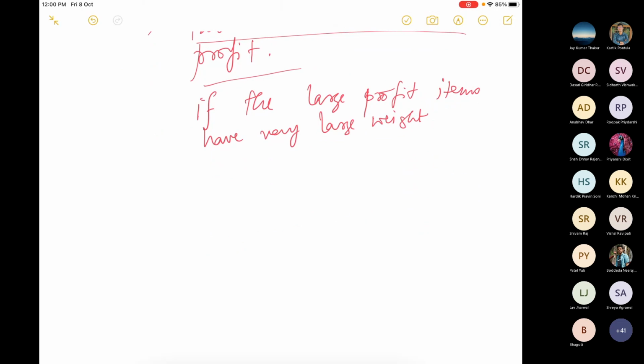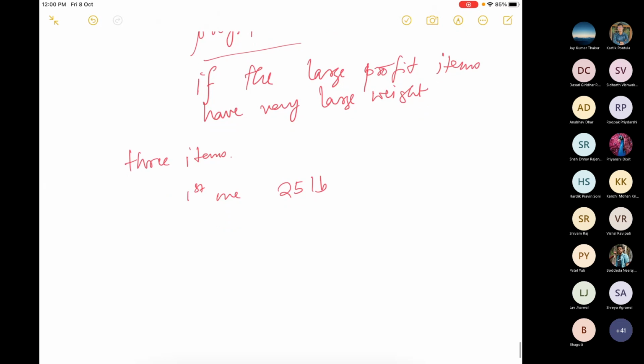Suppose you have 3 items. The first one is 25 pounds, and its profit is $10.